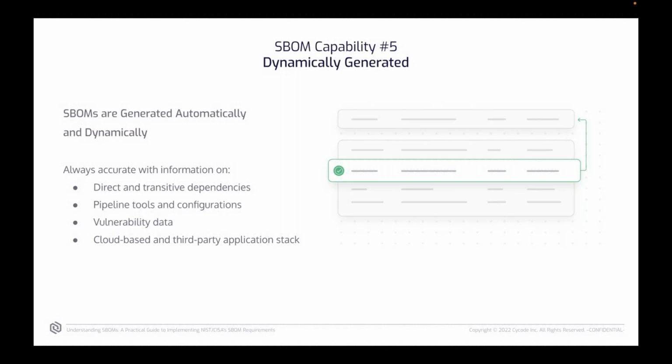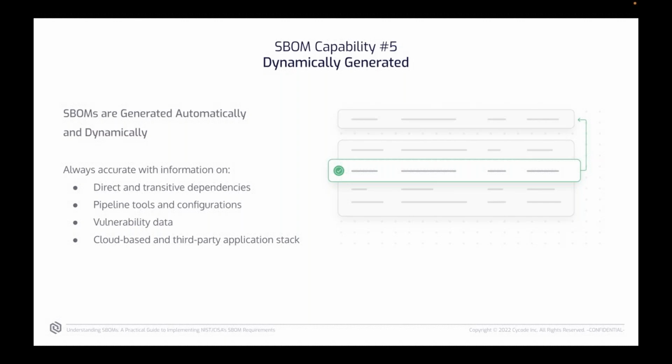So you need an SBOM that, when it's dynamically generated, is automatically accurate. That all your direct and transitive dependencies have been identified, as well as pipeline tools and configurations. You're giving vulnerability and remediation data so that we can then use an SBOM to help make your software more secure.